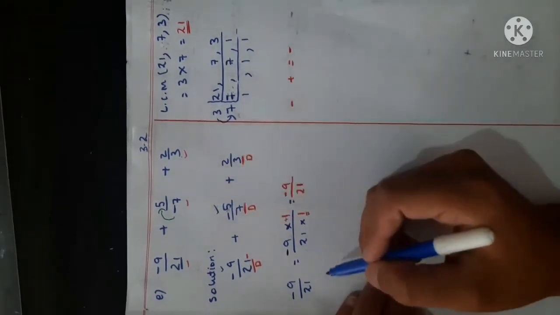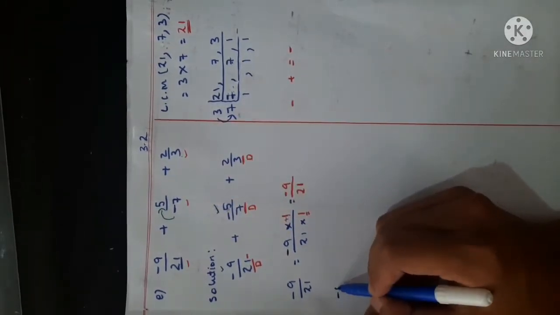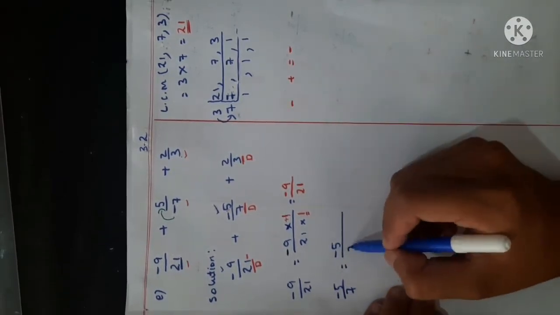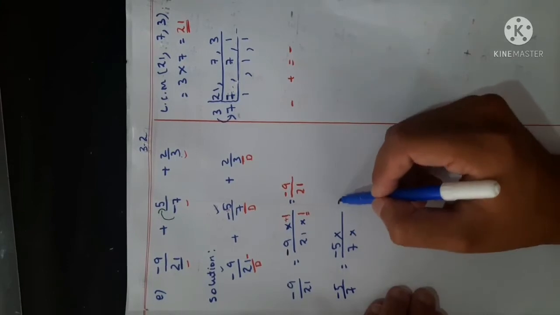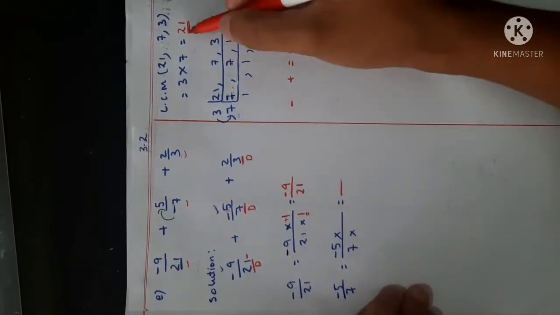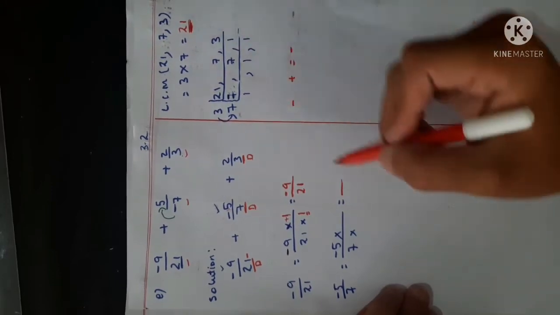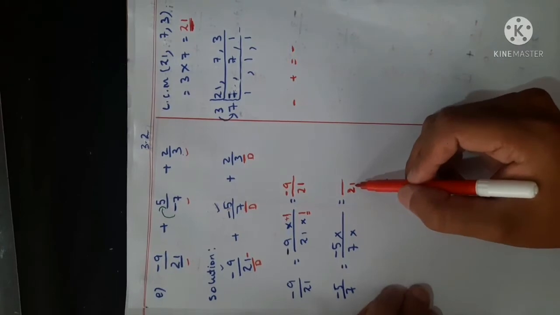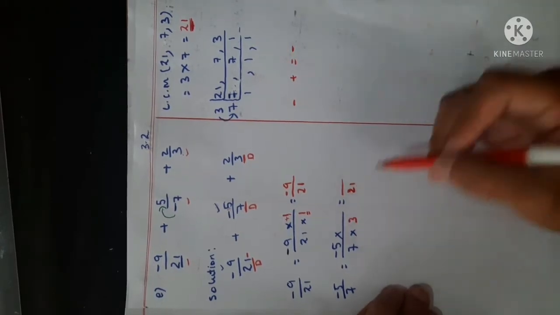For the next rational number, minus 5 by 7. This will be equal to minus 5 by 7 multiply equal. Remember here, we must get the denominator as the LCM, which is 21. So let me just write 21 here. 7 multiply how much will we get 21? 7 multiply 3 will we get 21.